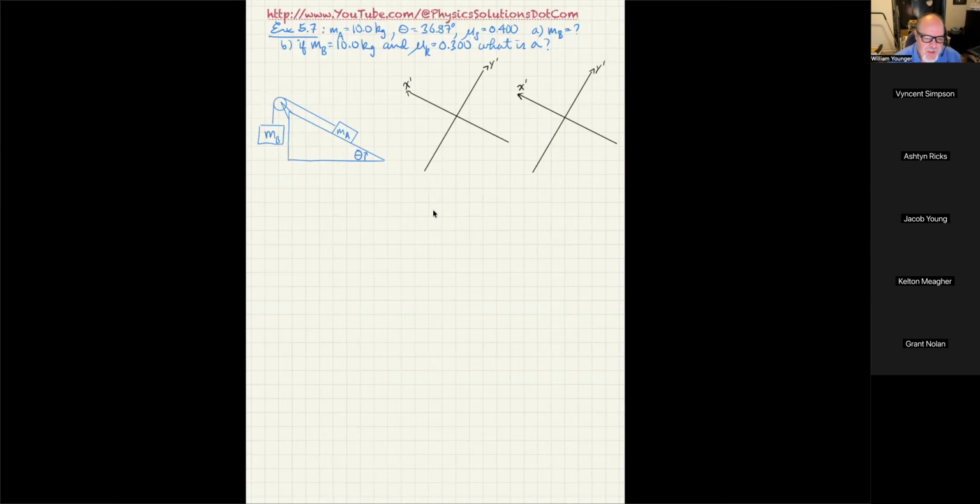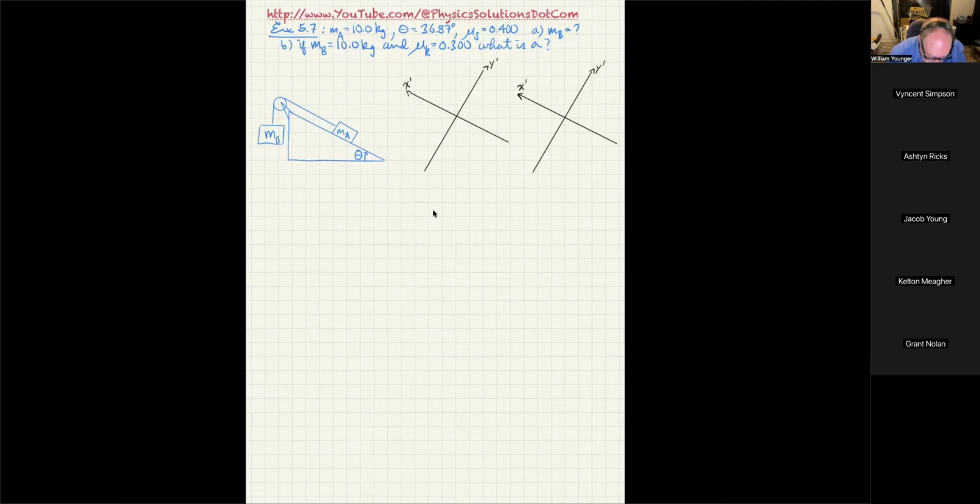A: If the coefficient of static friction is mu sub s equals 0.400, again, I added extra digits, determine what range of values for mass m sub B will keep the system at rest. B: If the coefficient of kinetic friction is mu sub k equals 0.300 and m sub B is equal to 10.0 kilograms, determine the acceleration of the system. So that's the problem we're solving.